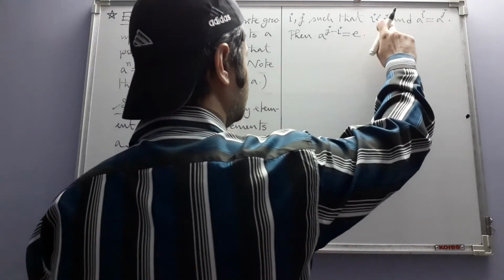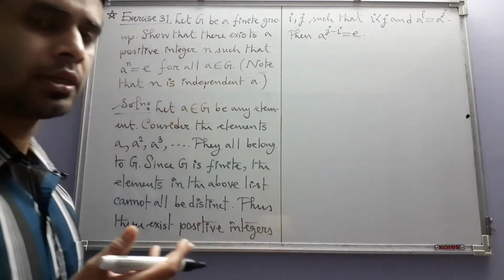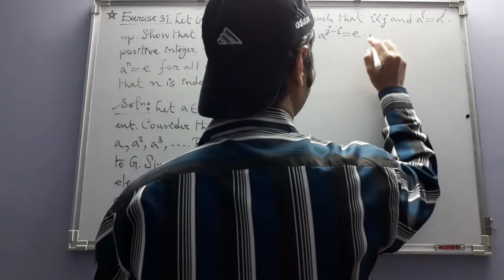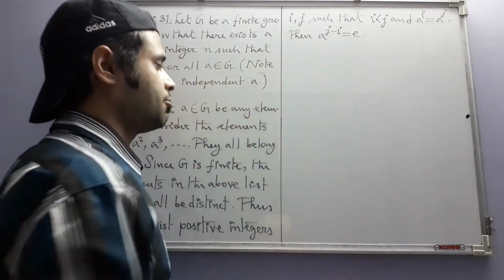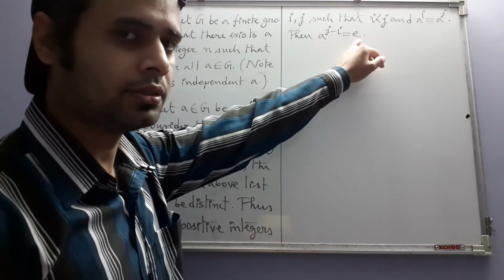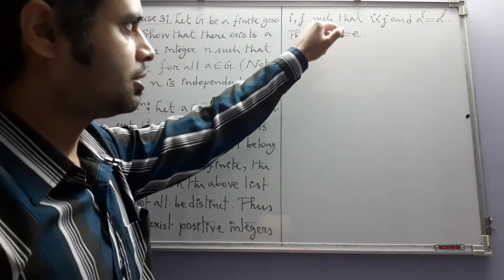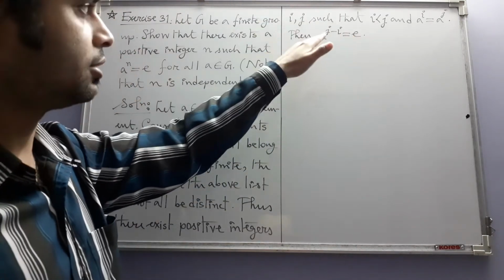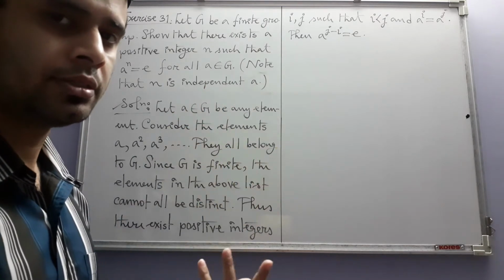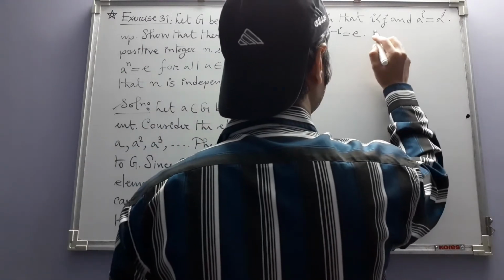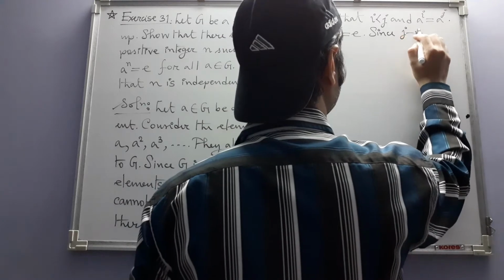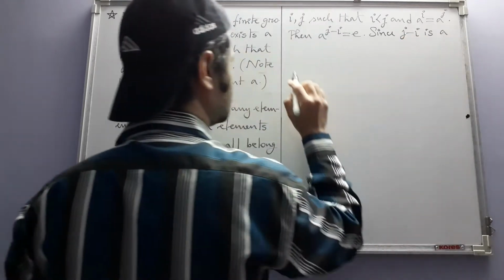Now note that because of this inequality, j minus i is itself a positive integer. And so there is a positive integer such that the corresponding power of a equals the identity. That means there will be one such least positive integer for which this equation is true, and that just tells us that the order of a is finite.